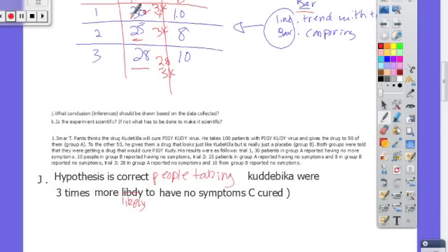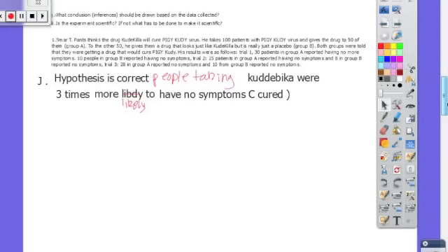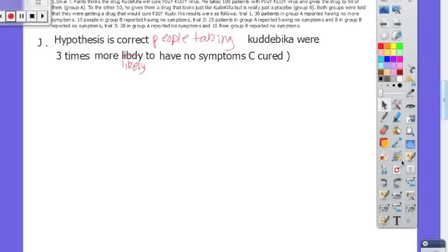All right, so now K, in K it asks us whether this was a valid experiment. And the way that we know if something is a valid or controlled experiment is that there has to be certain components present.